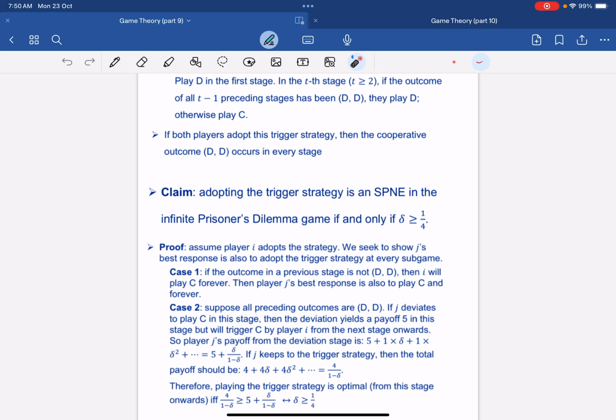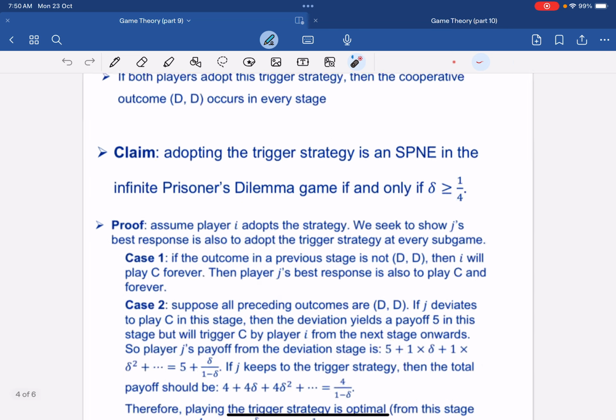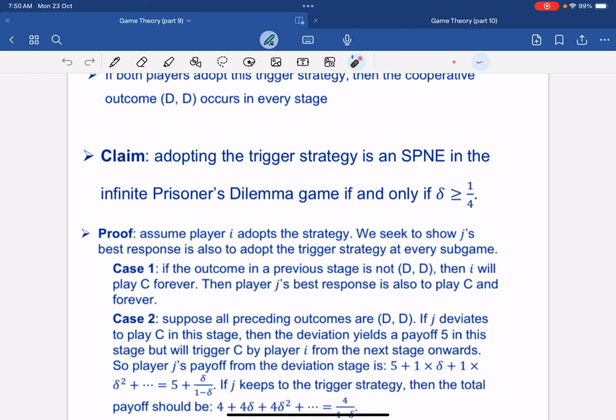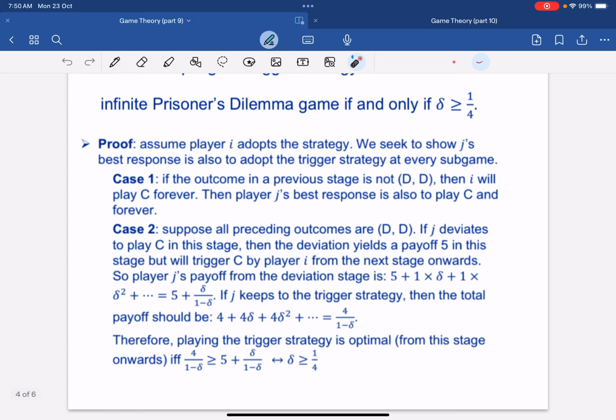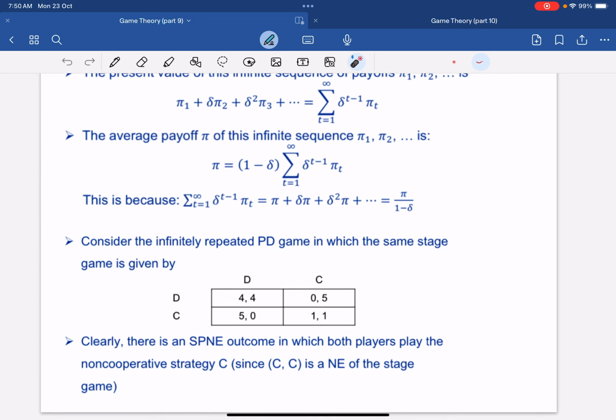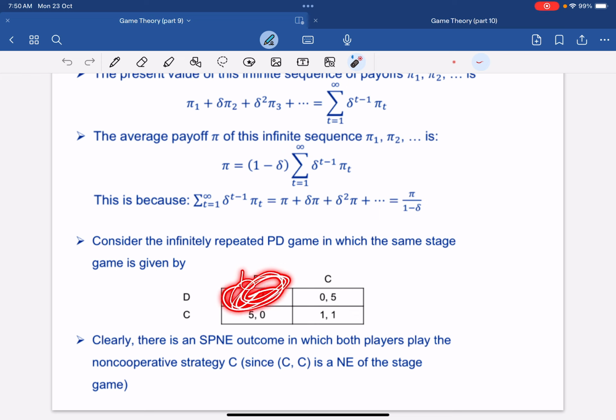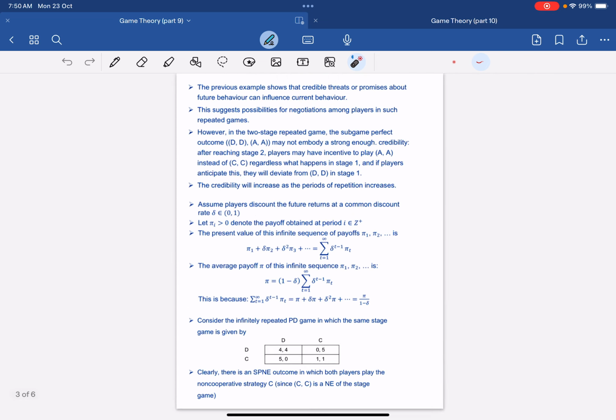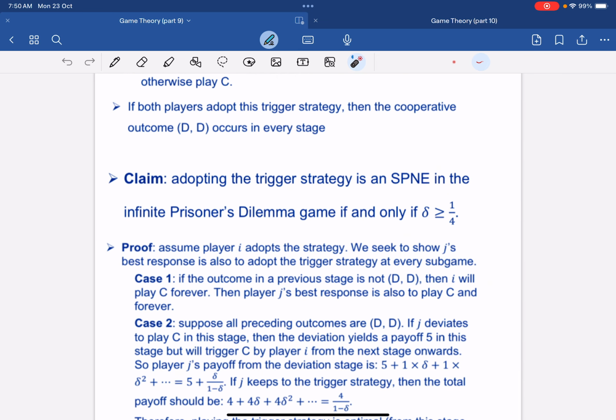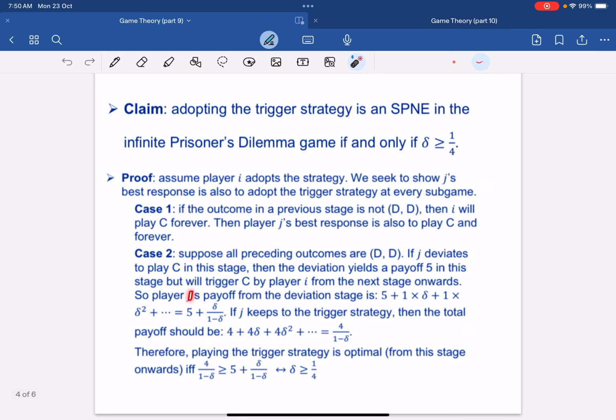forever. And in case 2, let's say all the outcomes are DD. Then if J deviates by playing C at this stage, if player 2 changes to C, he gets 5 units in this stage.